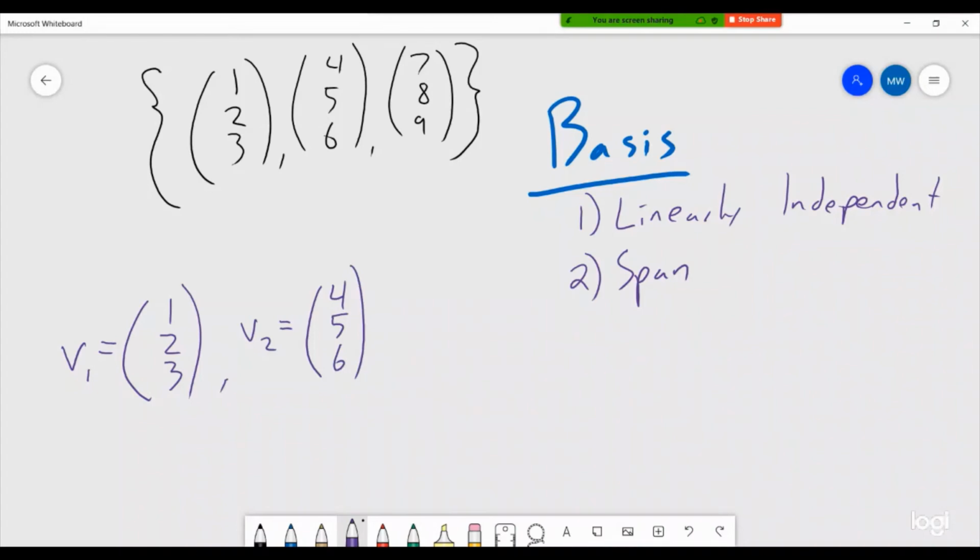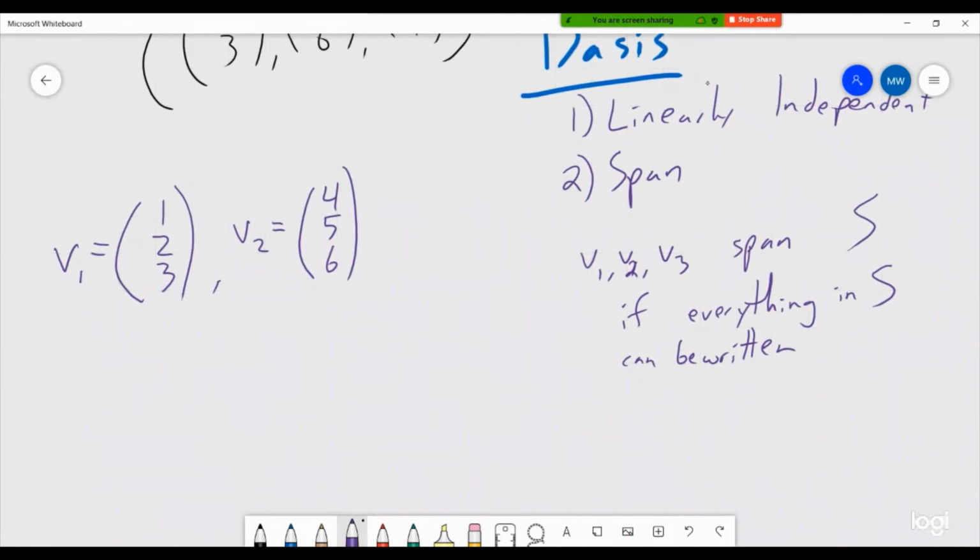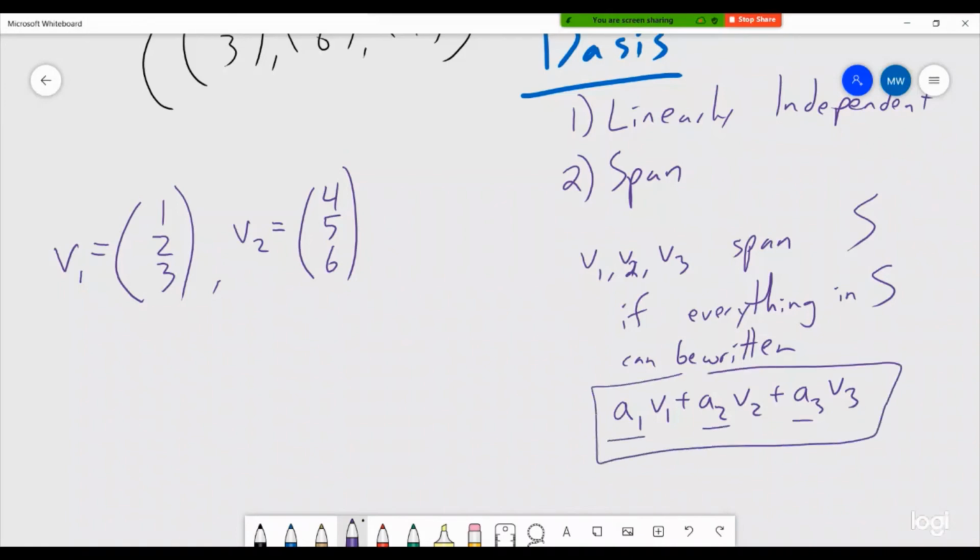When you say you don't have span, can you remind me what that means? Yeah, so a set of vectors like v1, v2, and v3 span some set S if everything in S can be written as some constant times v1 plus some constant times v2 plus some constant times v3, where it's just linear combinations of the vectors in this set.